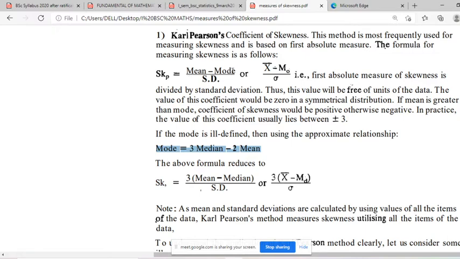So mean minus mode becomes mean minus (3 median minus 2 mean). Minus of minus 2 mean is plus 2 mean. So we get 3 times mean minus 3 times median divided by standard deviation. SKP can be rewritten as 3 times (mean minus median) divided by standard deviation, or 3 times (x bar minus MD) divided by sigma.